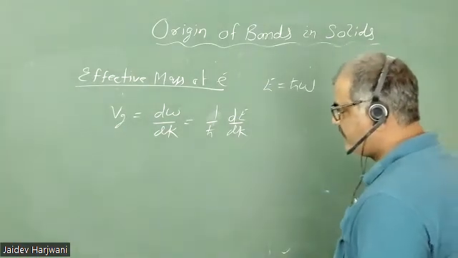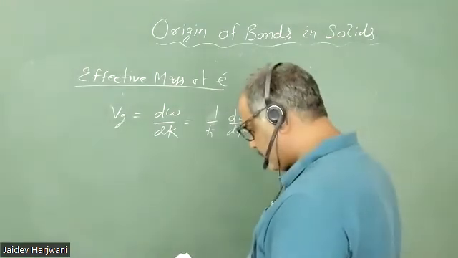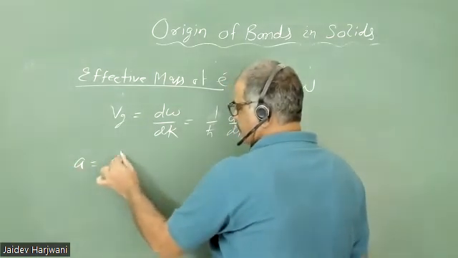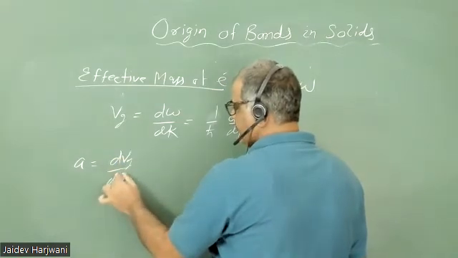So I have velocity. Now I need to calculate acceleration, dVg/dt.